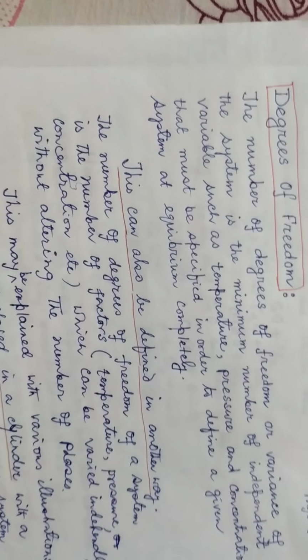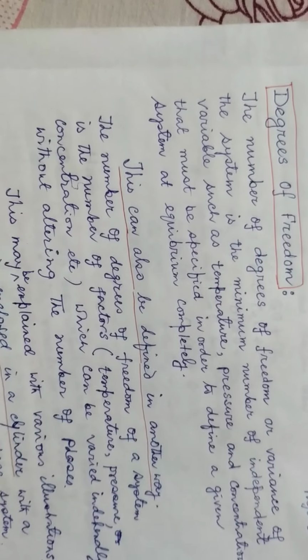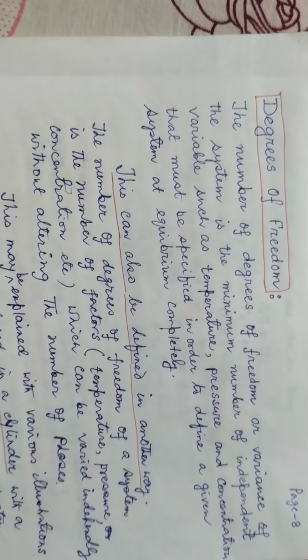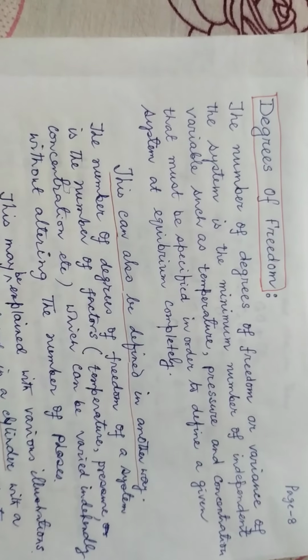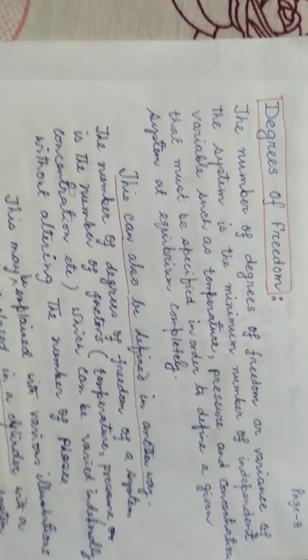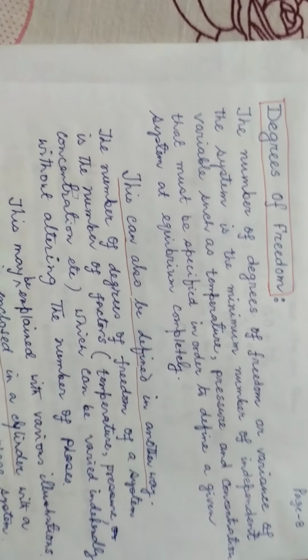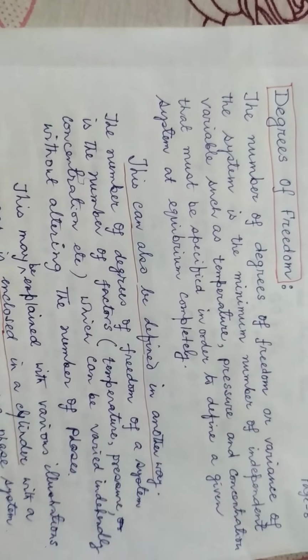That is, we have to define the system completely at equilibrium. So the independent variables, temperature, pressure and concentration, and so on, must be specified to define the system at equilibrium completely.